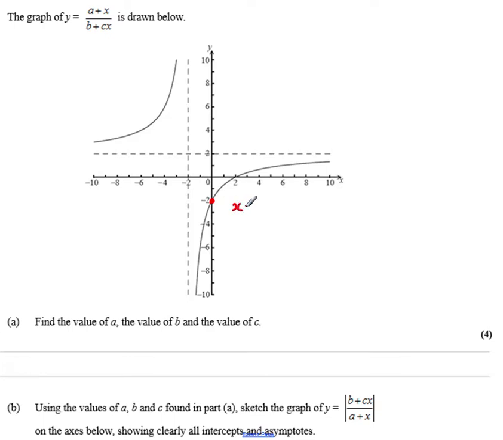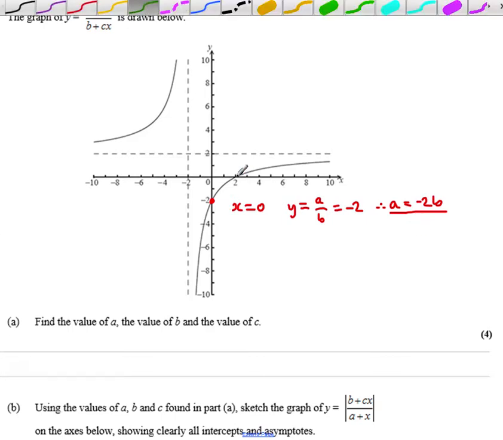This is where x is equal to 0, and when x is equal to 0, y is equal to a over b, which is equal to minus 2. Therefore, a is minus 2b. That's a first equation. I'm clearly going to need 3 equations because I've got 3 variables to find.